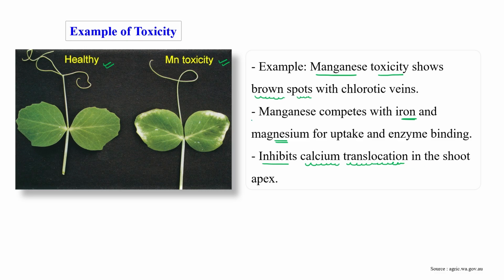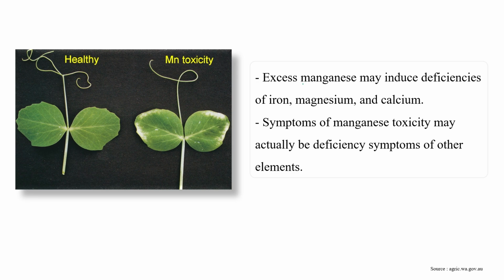So if manganese is present in high amount in a given soil, it reduces the concentration of iron, magnesium and calcium. So if the concentration of manganese is high in a particular environment, it may induce deficiency of iron, magnesium and calcium.